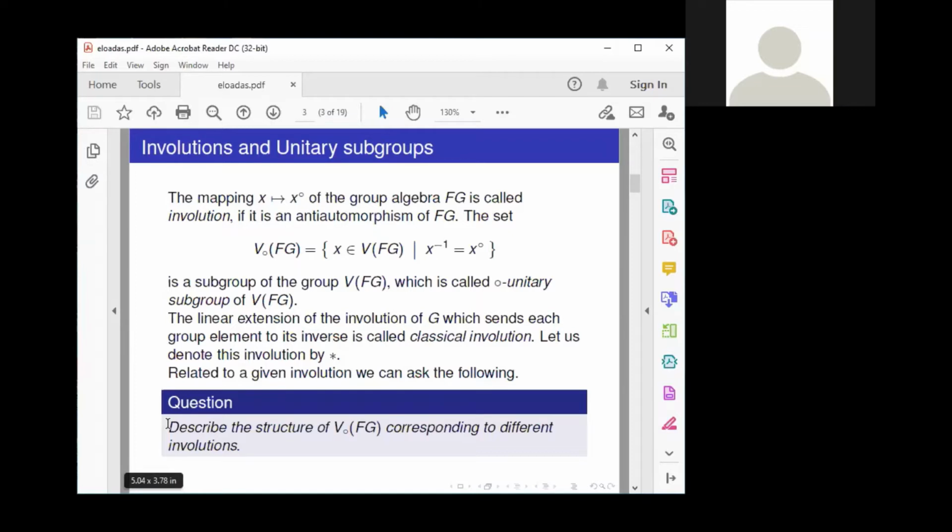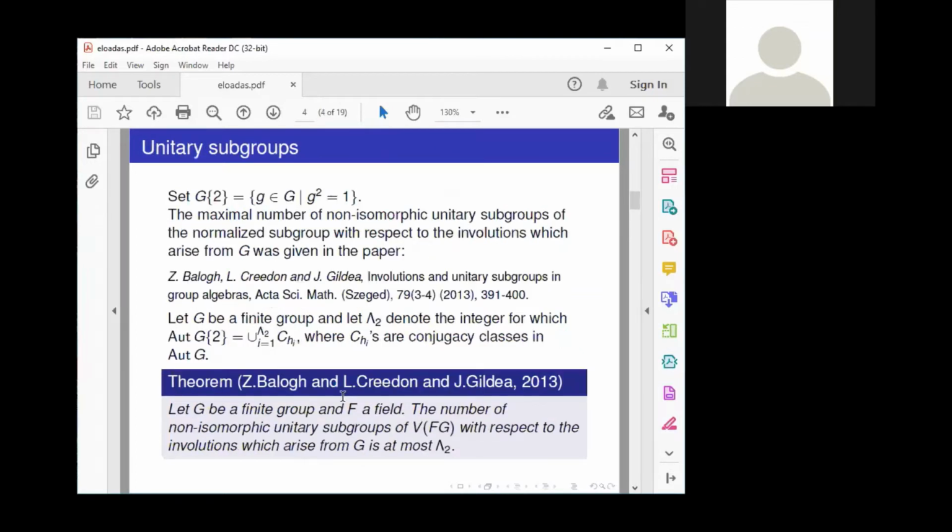And the main problem here is to describe the structure of the unitary subgroups corresponding to different involutions. I define this set: G2 contains all the elements from the group G whose order equals 2, so g squared equals 1. And the maximum number of non-isomorphic unitary subgroups of the normalized group of units with respect to the involutions which arise from the group basis G was given in this paper.